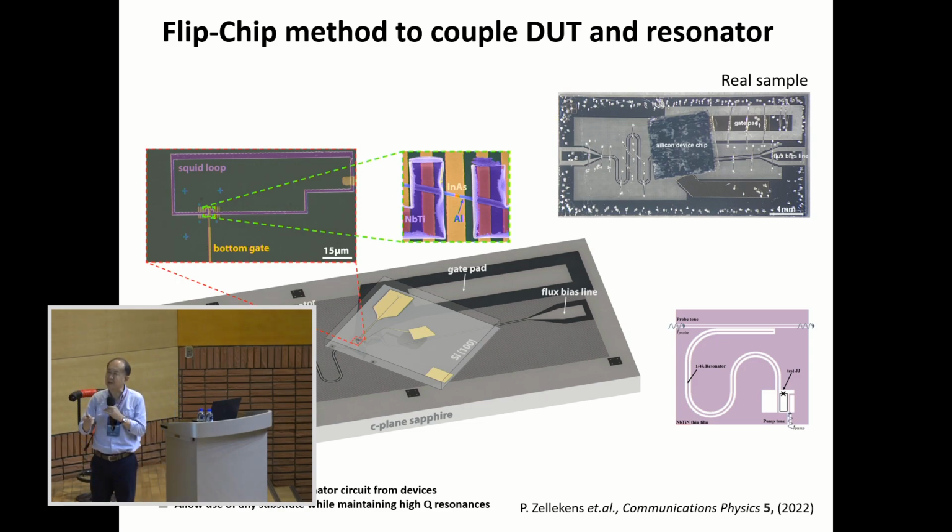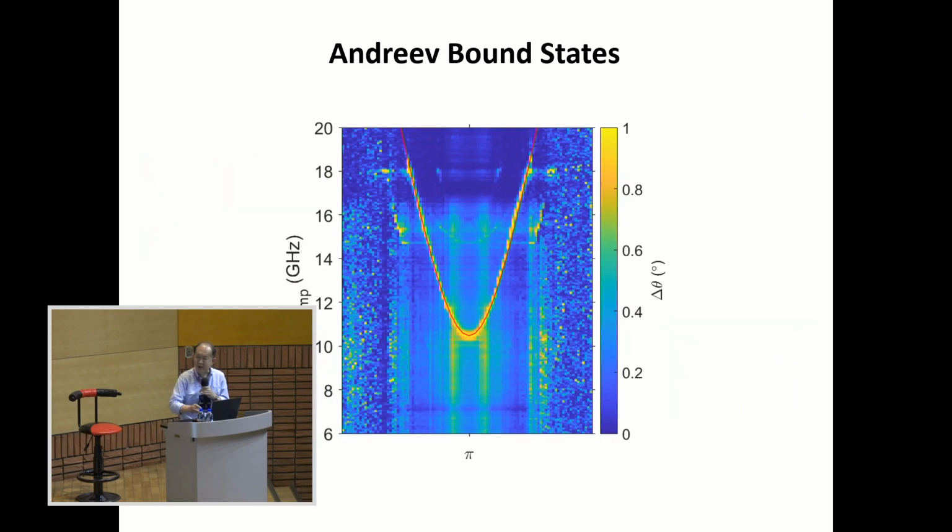We call this the flip chip technique. We can also apply the technique to other materials which are not very reproducible. So it is an effective way to study the energy spectrum. And we could measure the Andreev bound state. The trivial case looks like this.